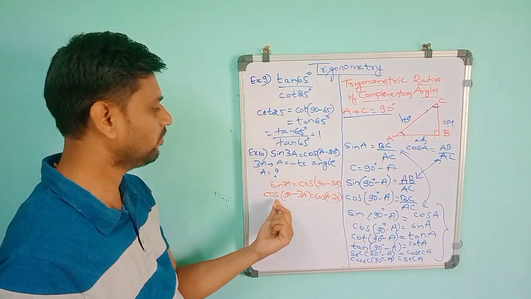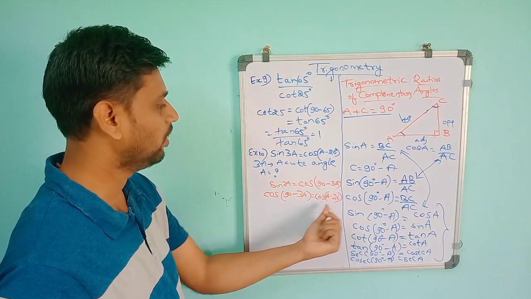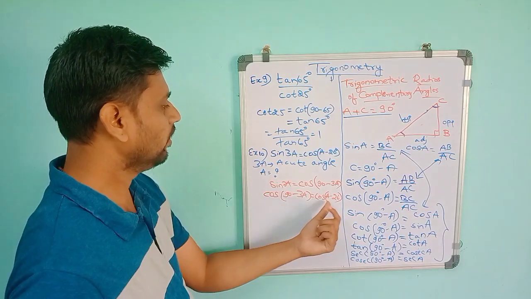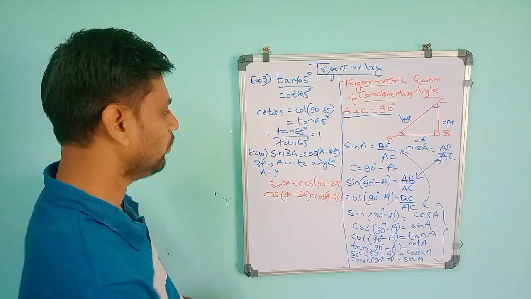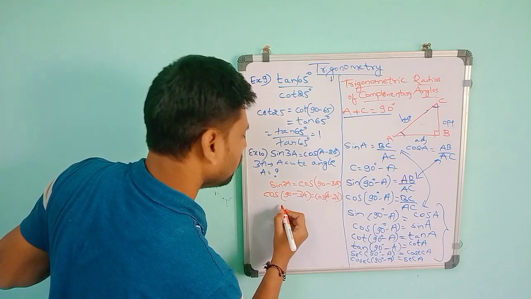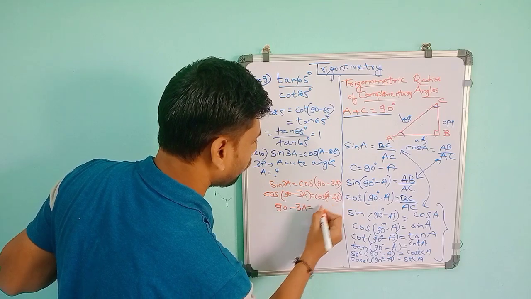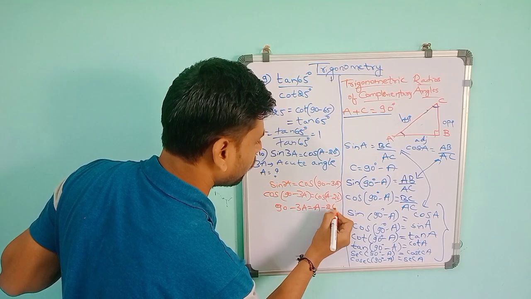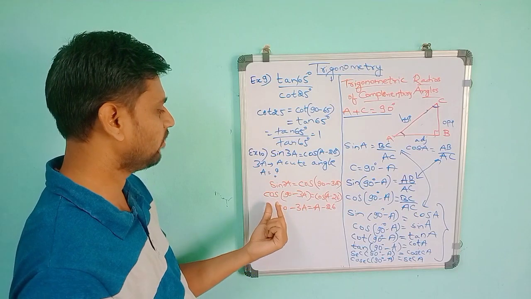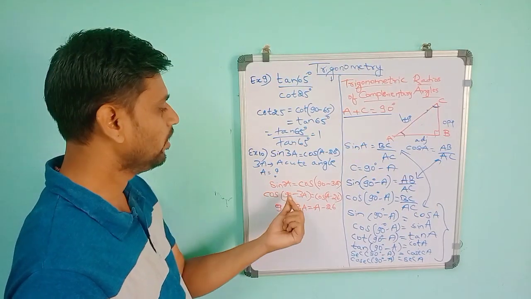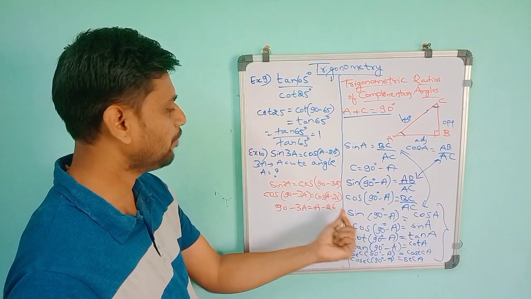So you equate the cos of some angle and the cos of some angle. But I told you 3a is an acute angle, so this is also an acute angle. Both are acute angles, so we can write this as 90 minus 3a is equal to A minus 26, because both are cos and the values of these two angles are acute.